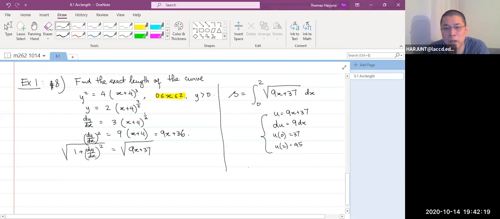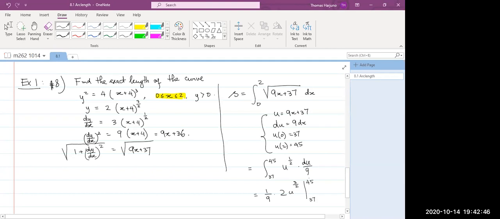Now my integral becomes the integral from 37 to 45 of u to the power of 1/2 times du over 9. That's 1 over 9 times 2/3 u to the power of 3/2 from 37 to 45.